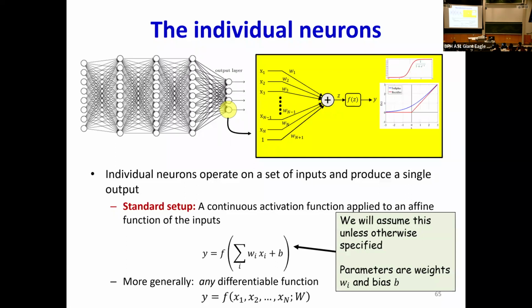And the parameters now are going to be the weights and biases. Now, the activation function, we're generally going to assume this kind of perceptron, but more generally, any differentiable function of the inputs is useful as a neuron in this network. And to answer the question, the 1 represents the bias over here, right?